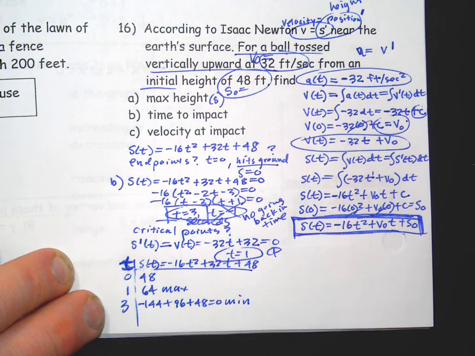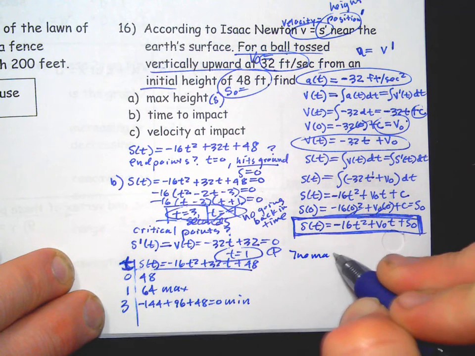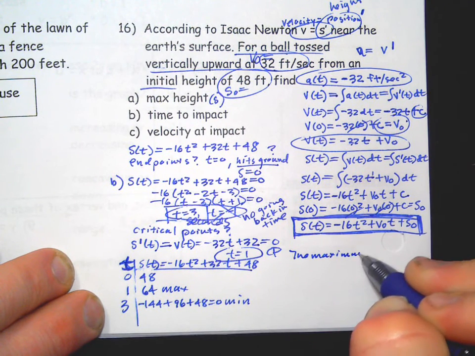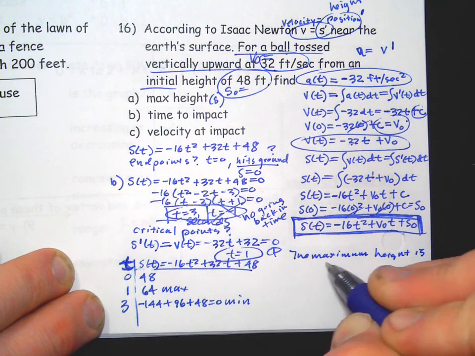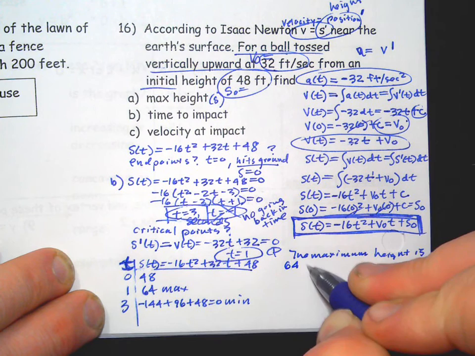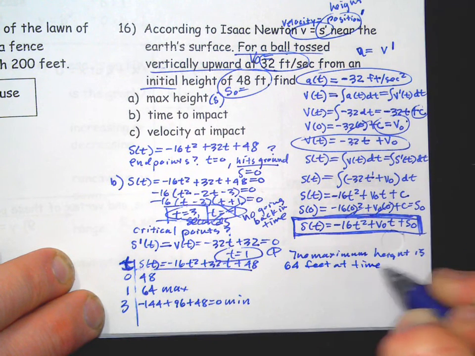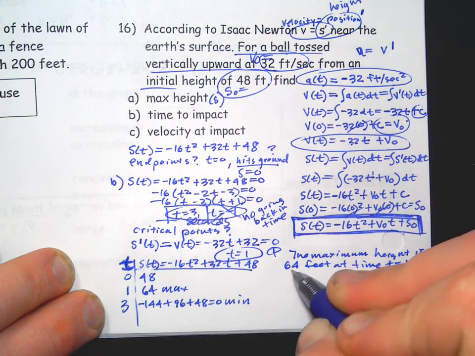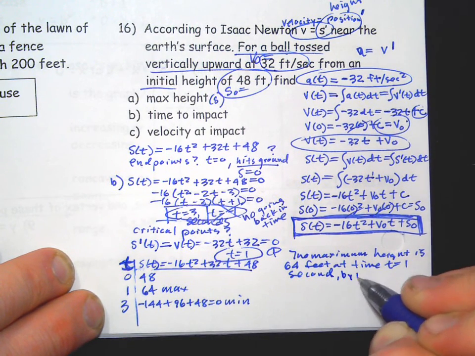So now we can say the maximum height is 64 feet at time t equals 1 second, by the extreme value theorem.